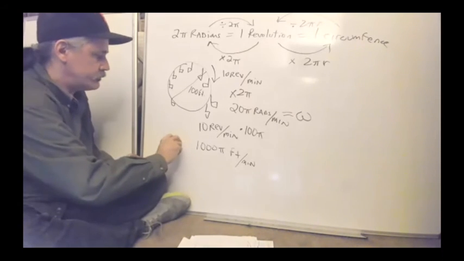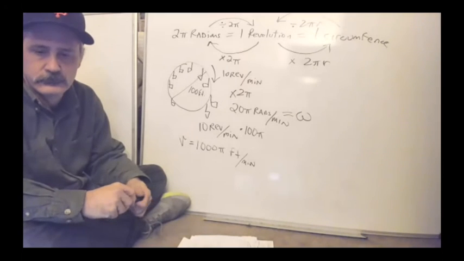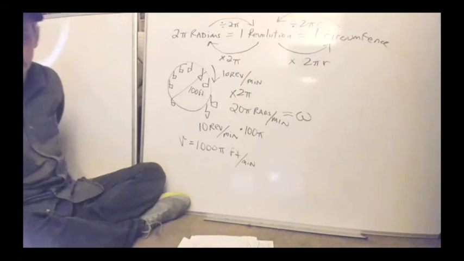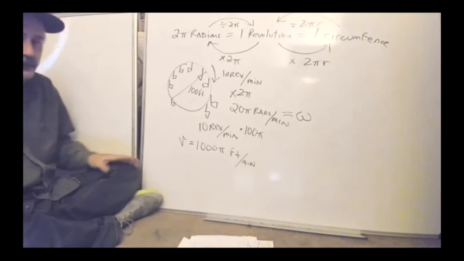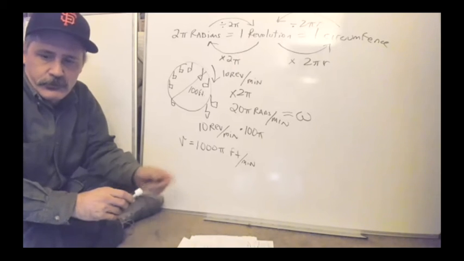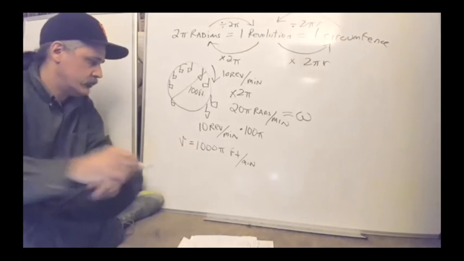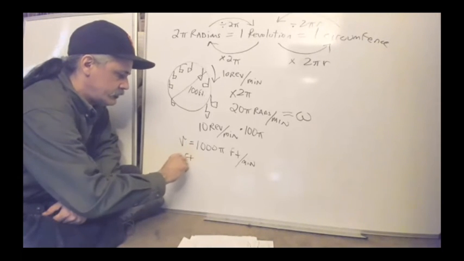So we would label this with the little V symbol. Okay, now converting to miles per hour is the same kind of unit cancellation structure, except now we're going from feet per minute to miles per hour instead of the other way around on the motorbike problem.